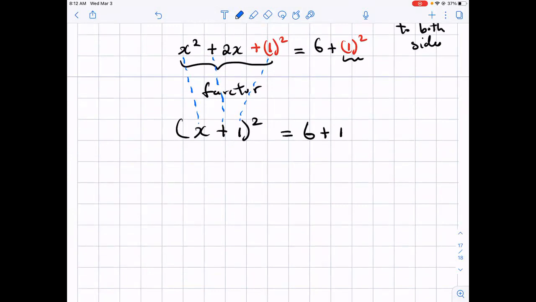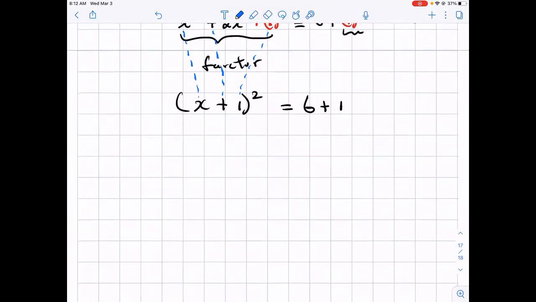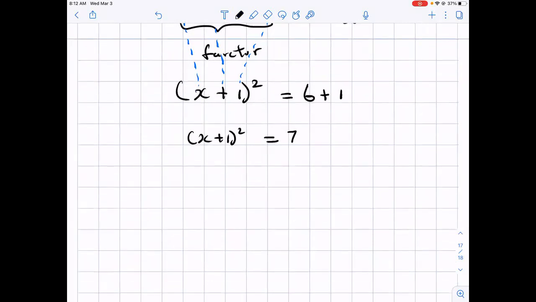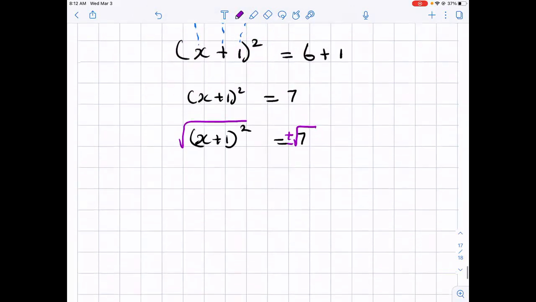So if we continue, we have x plus 1 squared is equal to 7, okay? And then we take the square root of both sides, but don't forget, when you take the square root, you get plus or minus. So now we have x plus 1 is equal to plus or minus square root of 7.